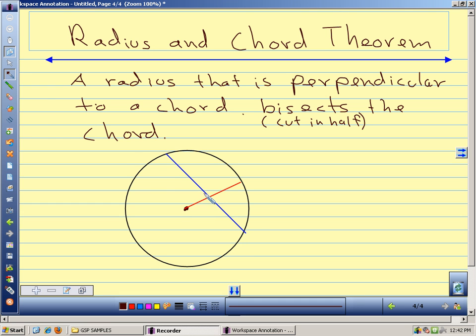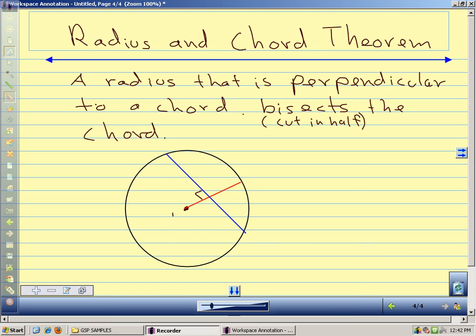And we'll say that this is a 90-degree angle. And we'll label some points here. We'll call this point P, point R, point A, point X, and point B.